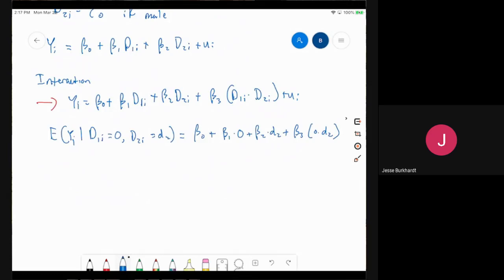We also know by assumption that the expectation of ui conditional on d1 and d2 is equal to 0. So the ui is going to drop out. So this bit drops out, so does the error term, and so will that, of course. So then we get that.